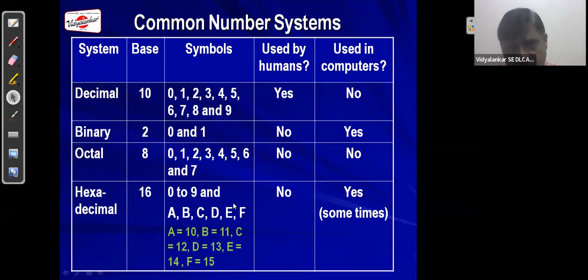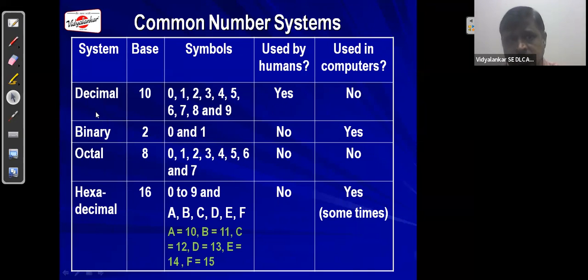In that table you will find most commonly there are 4 number systems used when we think about computers and applications. One is decimal, base is 10. There are 10 digits, 0 to 9.